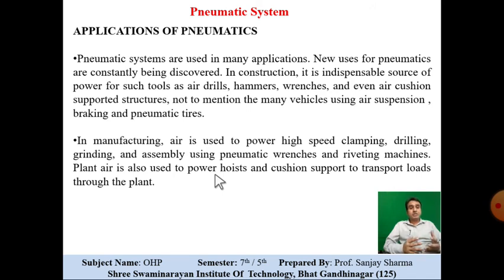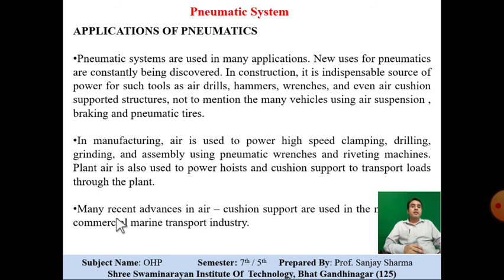Even pneumatic hoists are there in order to lift the load, or to transport load from one location to another. So these are the different applications where the pneumatic systems are used.